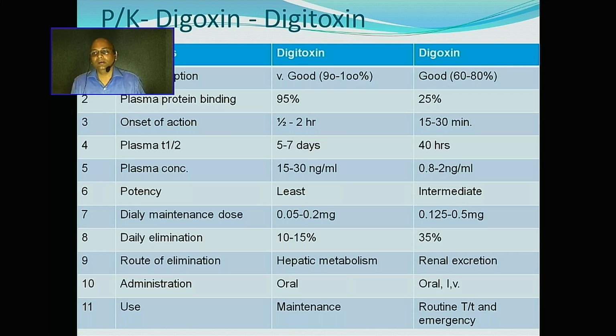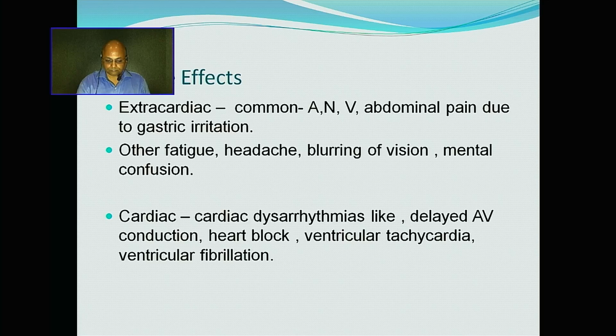Route of elimination is hepatic for digitoxin, while it is renal for digoxin. Administration of digitoxin is oral. Digoxin has the advantage that it can be given by the IV route also. Nobody gives it that way nowadays, but it can be given by the oral or IV route. It is used for maintenance as routine treatment, and in emergencies because it can be given by the IV route, right?